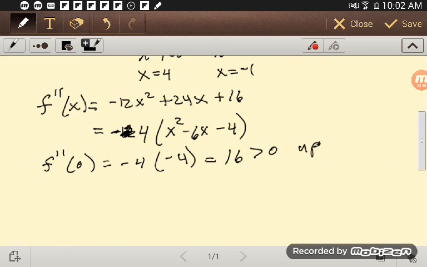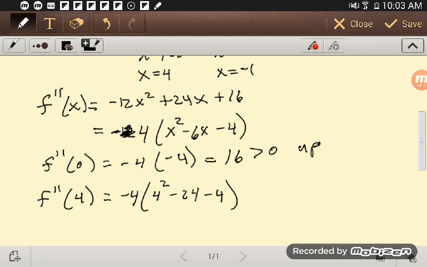Now I need to try 4 and negative 1. So f double prime of 4 is, let's see, minus 4 times 4 squared minus 24 minus 4. And interesting, this is also concave up, I believe, is what this says, right?